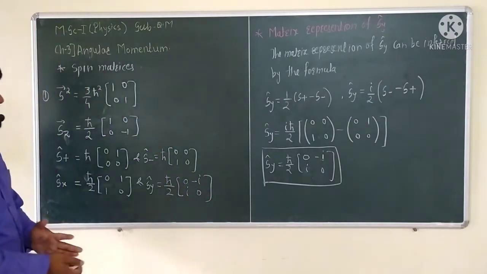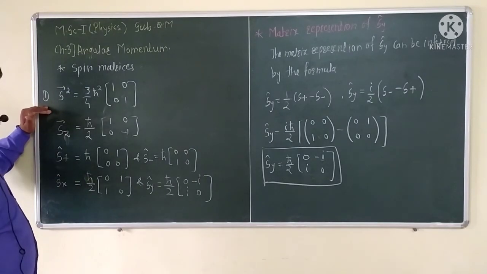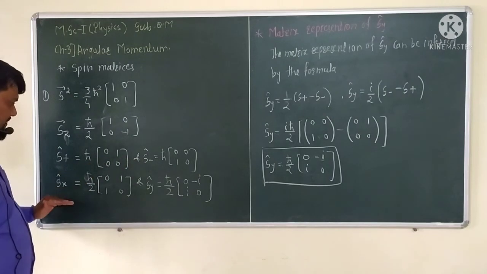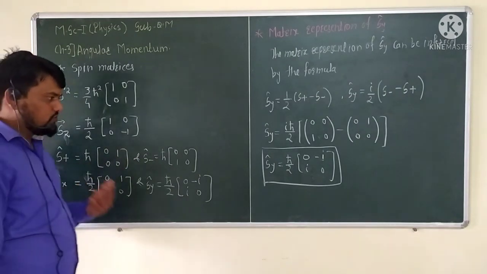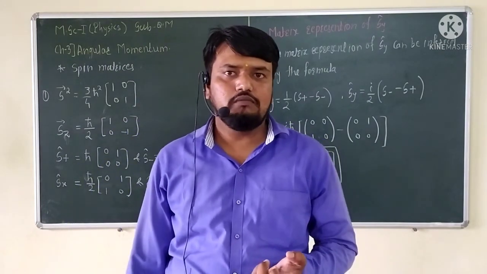So these are the spin matrices of S square, Sz, S plus, S minus, Sx and Sy.